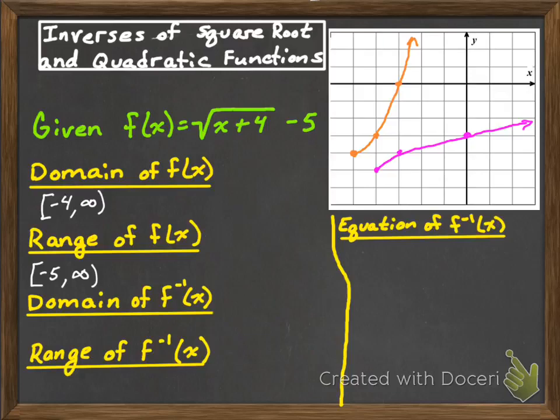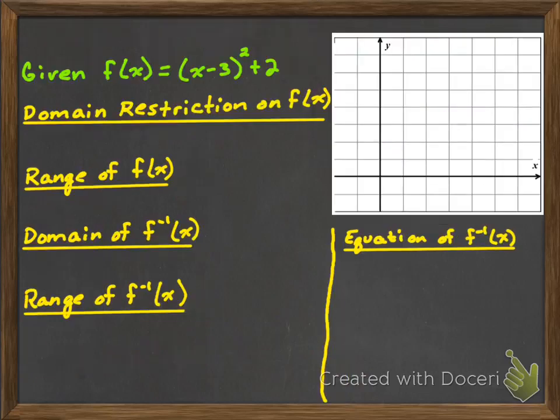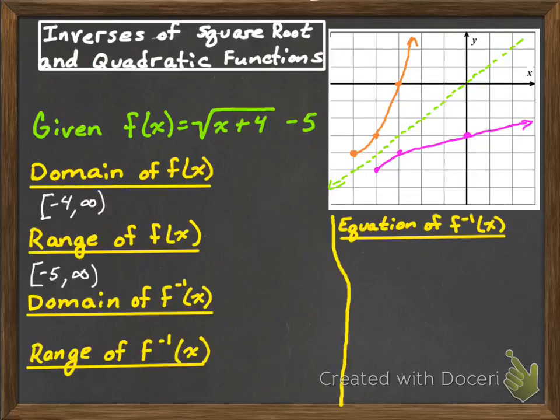Now, one of the things to remember is that these two graphs are reflections over the line y equals x, which goes right through here. All inverses are going to be reflections over that line. So visually, if your graph does not look like a reflection, then you know that you did something incorrectly.